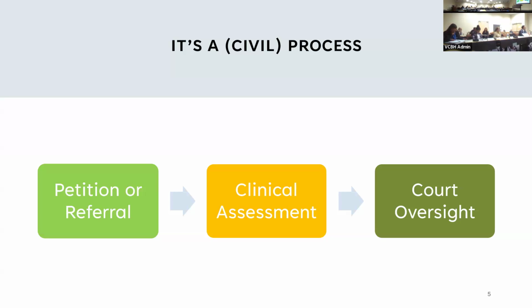If the court sets an initial court date, the court appoints the public defender to represent the respondent throughout the rest of the process. If the petitioner was not behavioral health, then the original petitioner will be substituted out at the initial hearing, and behavioral health will be substituted in as the acting petitioner throughout the rest of the Care Court process.